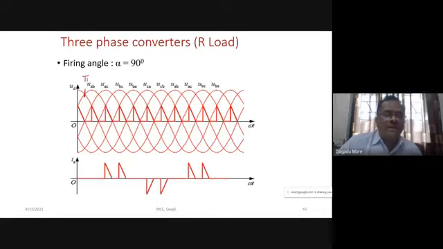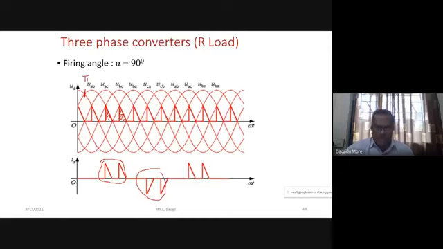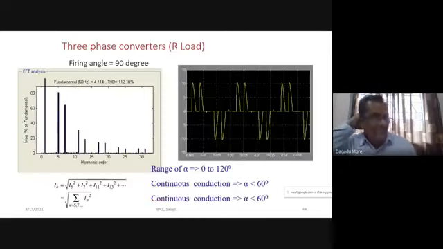So this will be our output voltage waveform, 6 small pulses in the period of 2 pi. This will be our input source current, 2 positive pulses and 2 negative pulses. That will be the wave shape of current, and we find the THD for this.